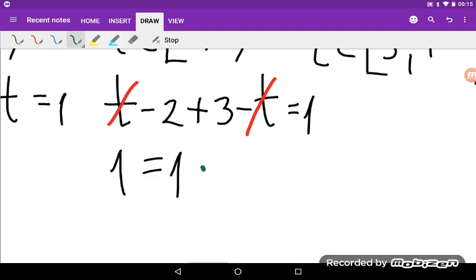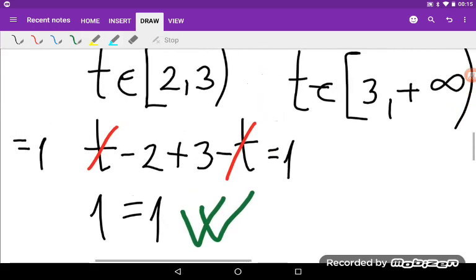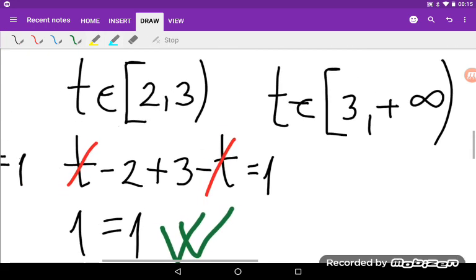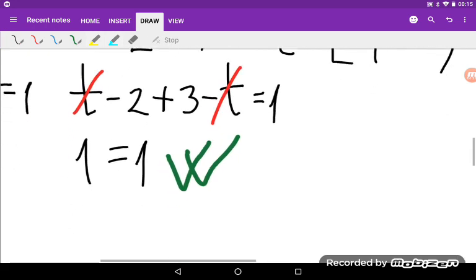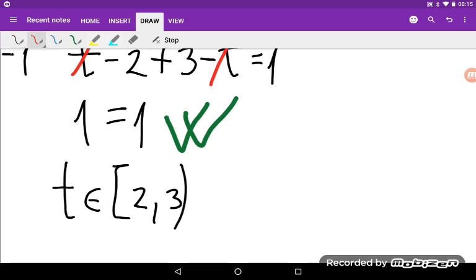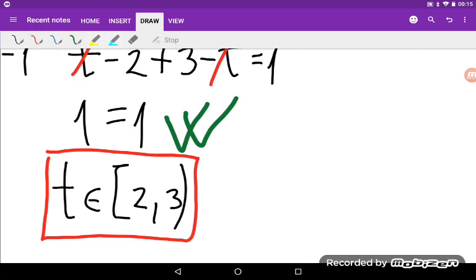This is always true, so that means that this whole interval from number 2 to number 3 is a valid solution. So that's the solution for the second case.